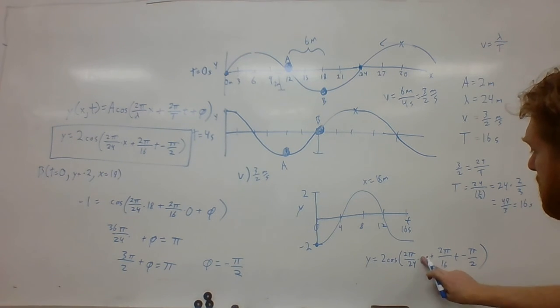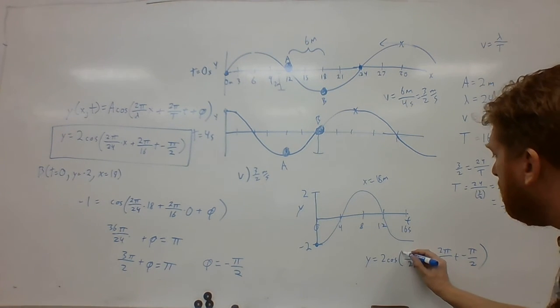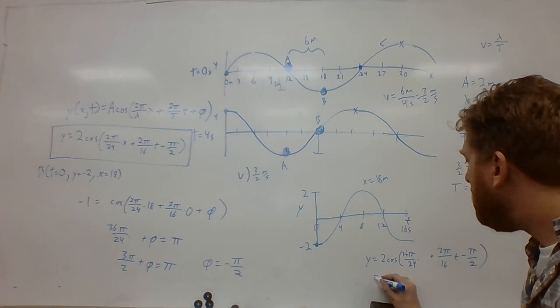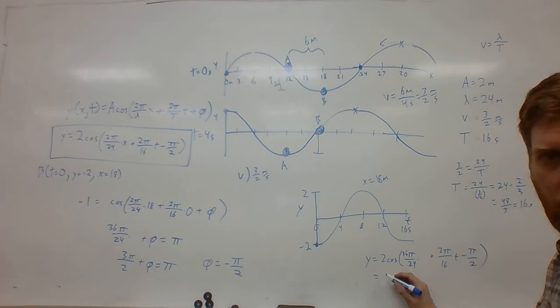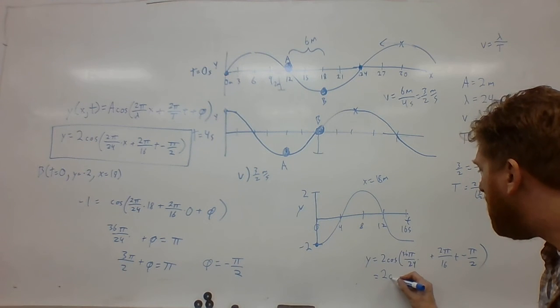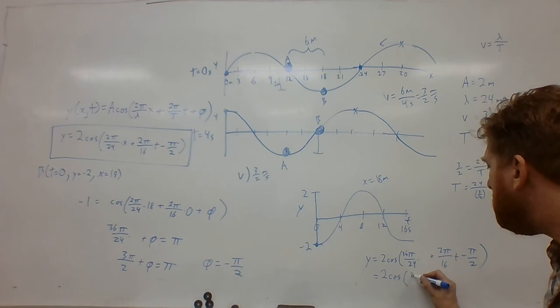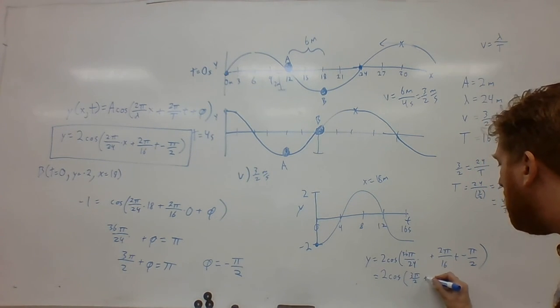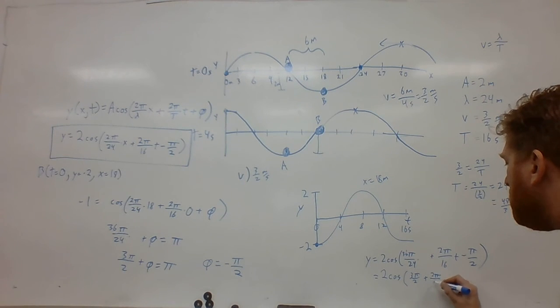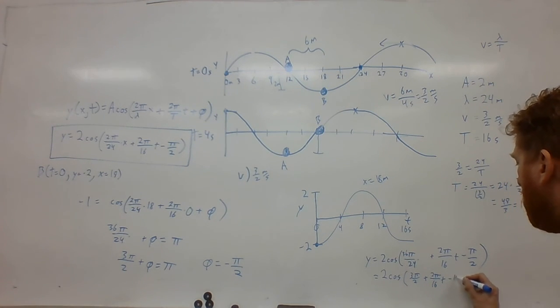This again is 36 over 24. And we get y equals 2 cosine of 3 pi over 2 plus 2 pi over 16 times time minus pi over 2.